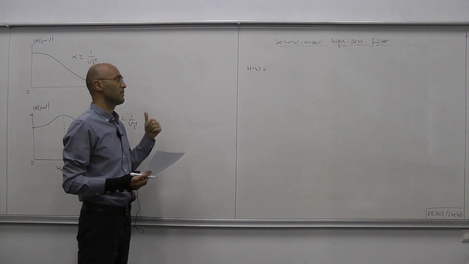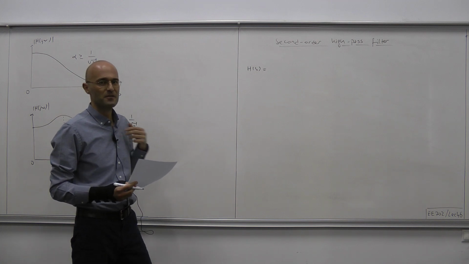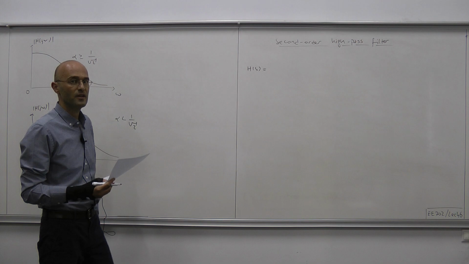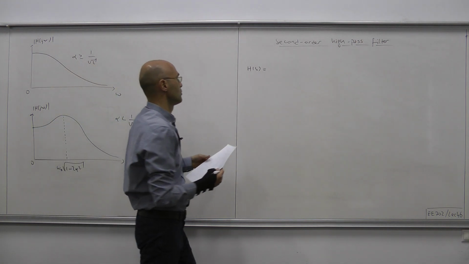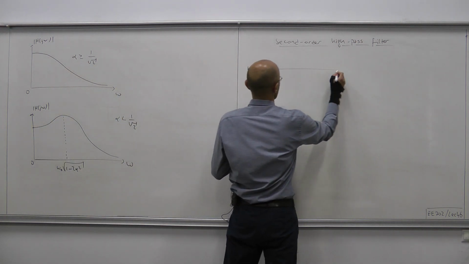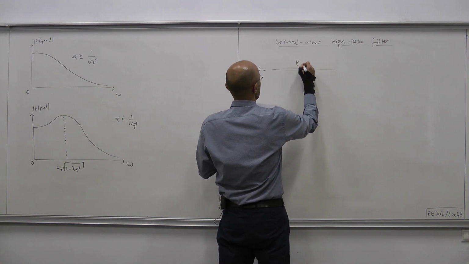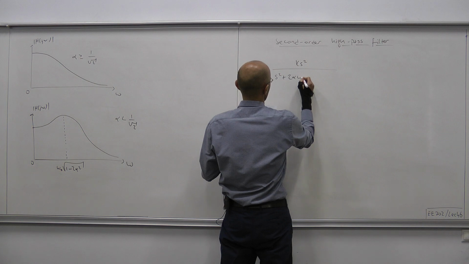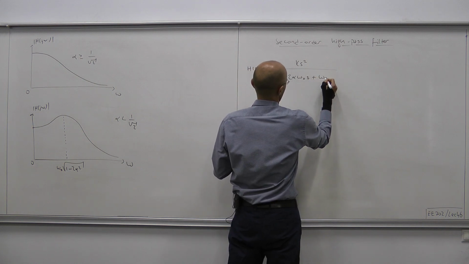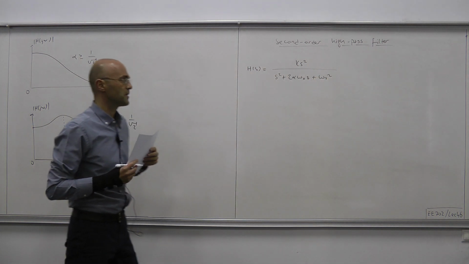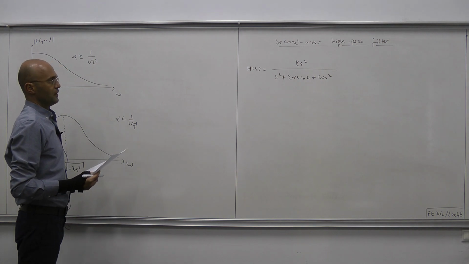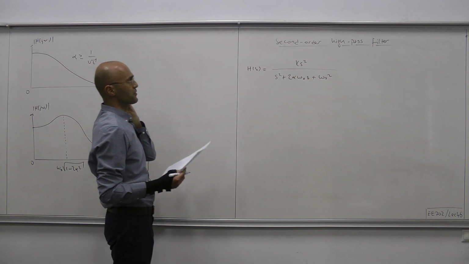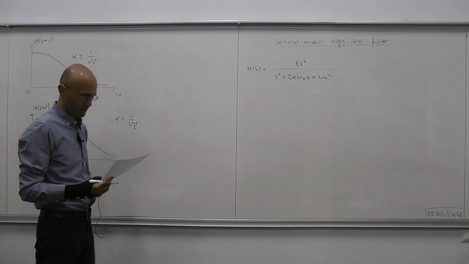With the low pass characteristics, we didn't have any zeros. The origin was a degree 0 polynomial. It was a constant. Now we have k s squared over s squared plus 2 alpha omega 0 s plus omega 0 squared. So that's the general expression for the transfer function of a second order high pass filter.